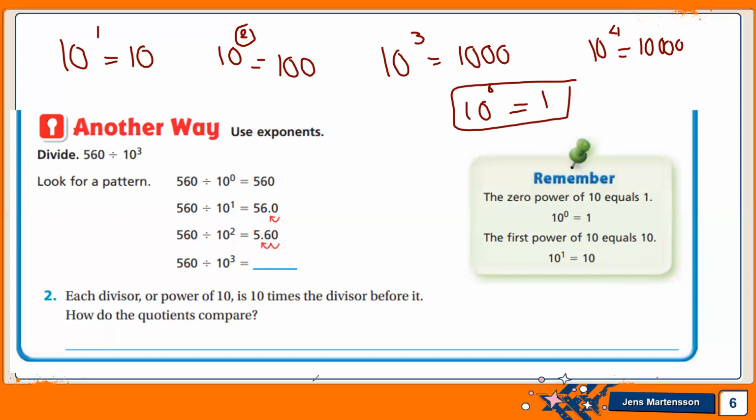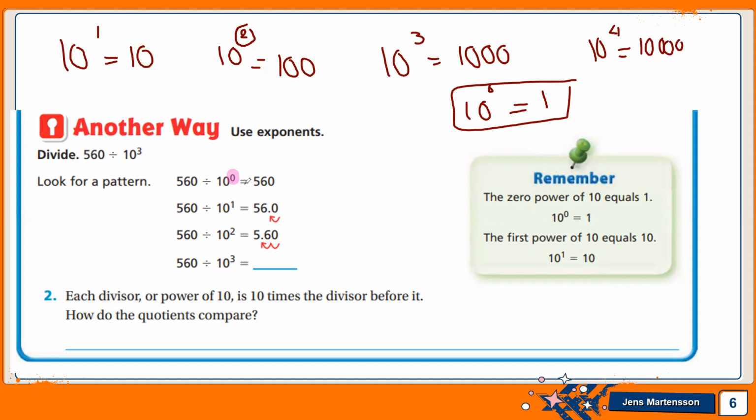Right. In this one here, what do we have? We have to divide 560 by 10 to the power of 0. When you divide by exponents, what do you have to do? First of all, look at the power. What is the power here? It's 0. Is it right?